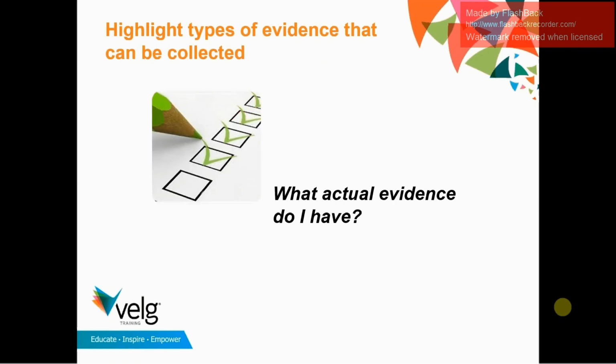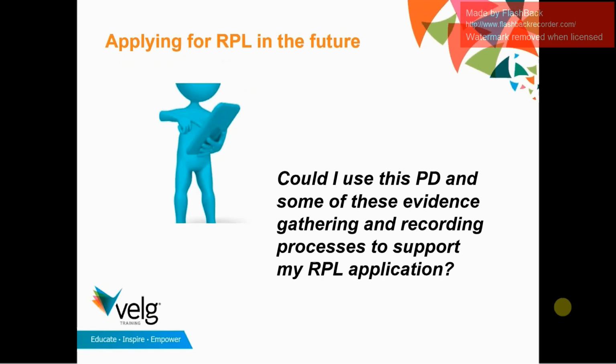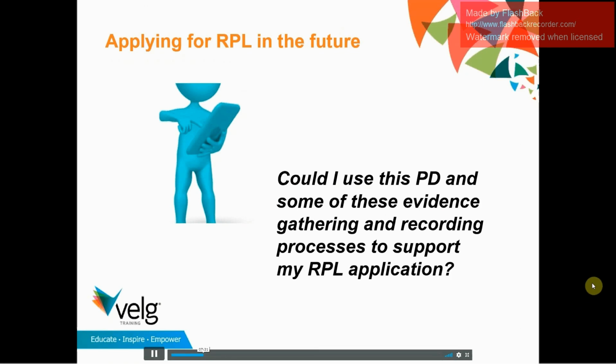So we start to look at what actual evidence do I have. So the 80-odd% of you who are working in an RTO at the moment have probably started to build up substantial evidence towards this particular unit of competency. But what do I need to keep records of is always a really important thing. And as we go through it today, as I have with all the other ones, I'll get you to think about how you might be able to use this PD and some of your evidence recordings to support an RPL application.